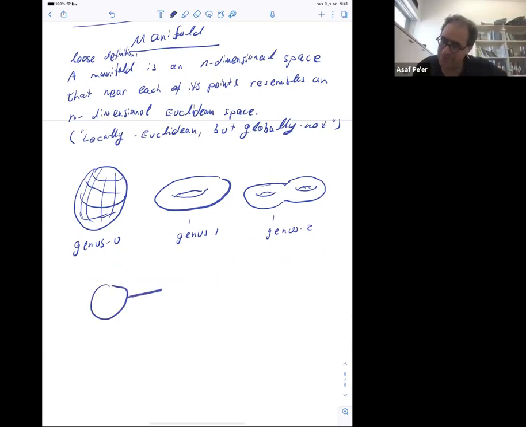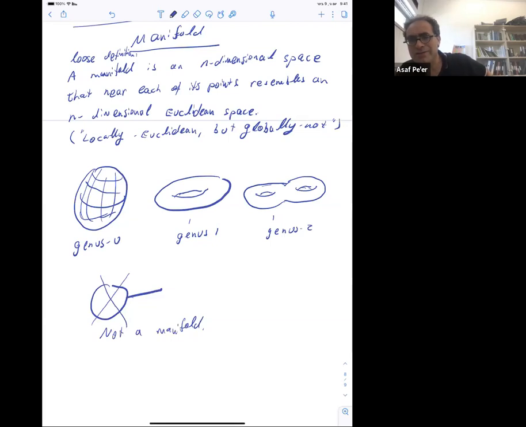This, for example, is not a manifold. It has to have the same dimensions. A porcupine is not a manifold. It cannot have sharp edges or needles. Near each of its points, it has to be the same n-dimensional Euclidean space.